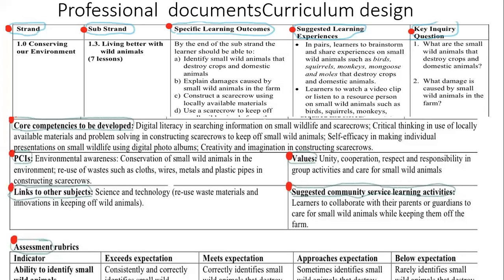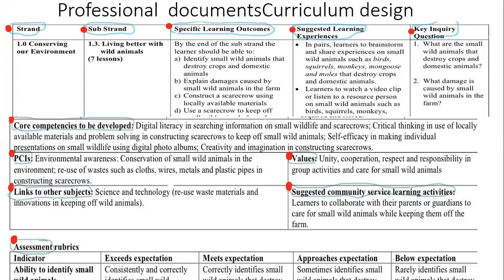For example, here the key inquiry question is, what are the small wild animals that destroy crops and domestic animals? So when we get into lesson planning, those are the questions you must always keep at the back of your mind, so that through our teaching and learning process, within the minutes you are given to teach agriculture, you and I as teachers are answering a specific question. So it's usually quite a detailed document.